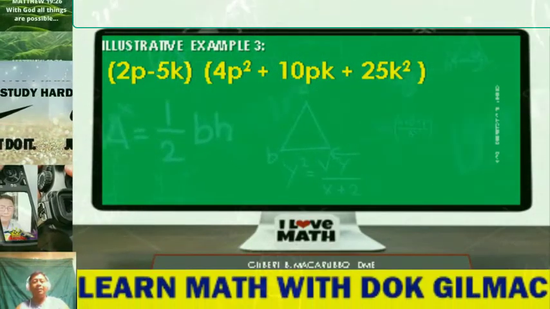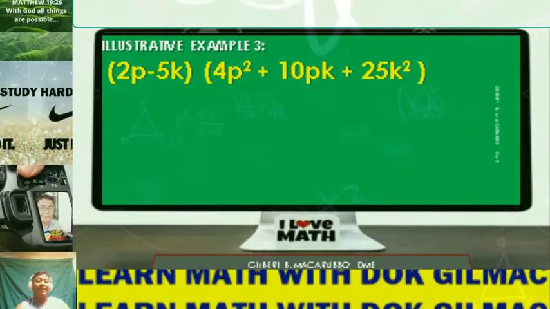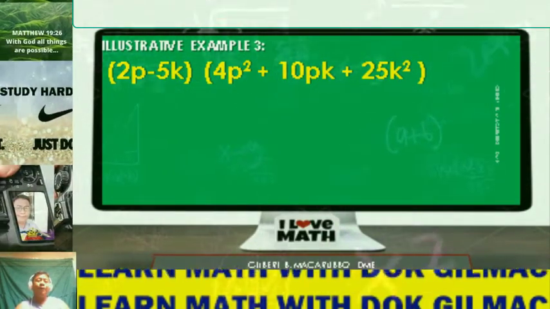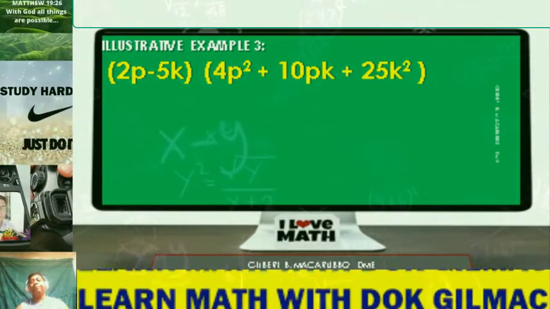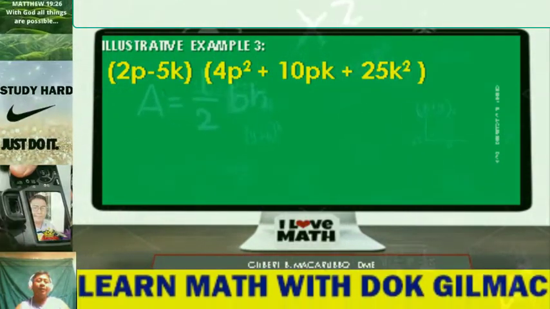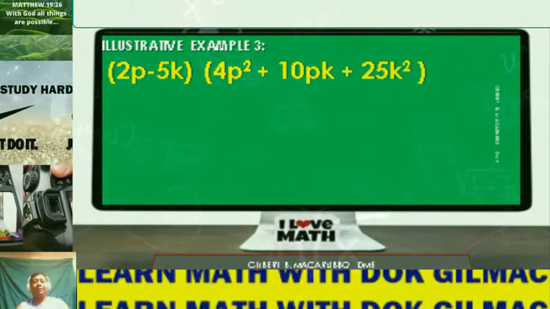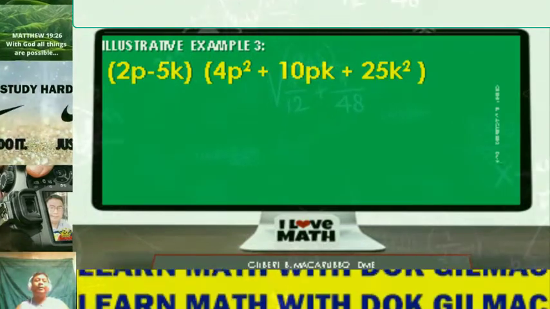The second term is simply the product of the first term and second term of the binomial. The last term is simply the square of the second term of the binomial, which is 25k squared.